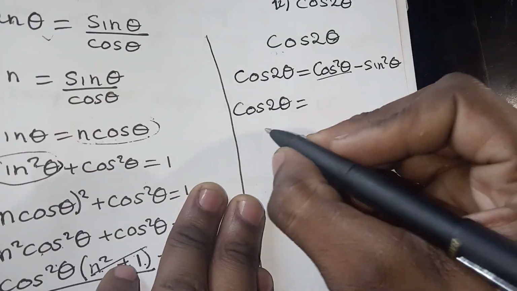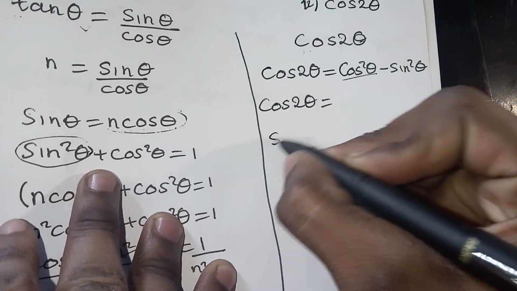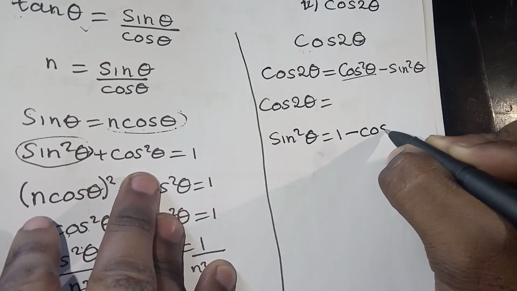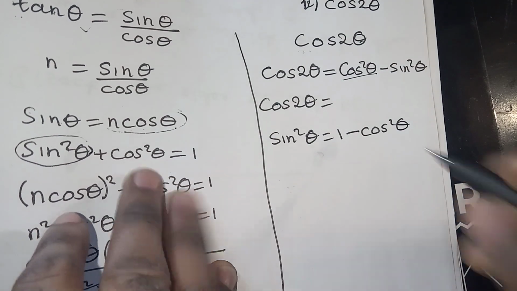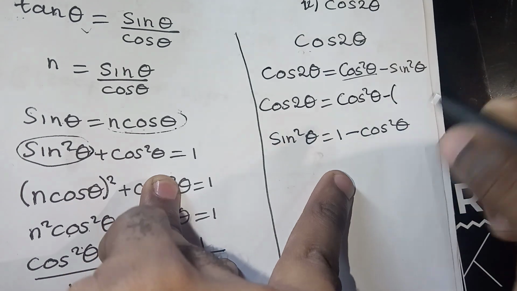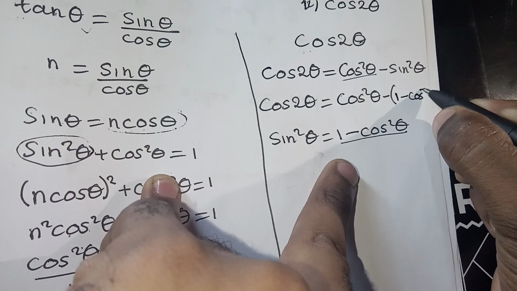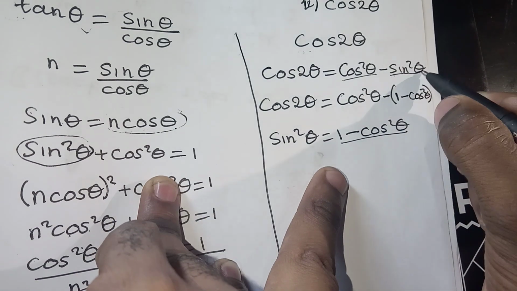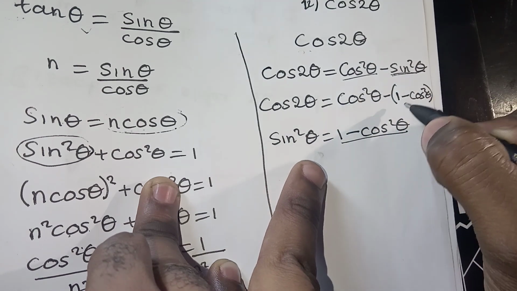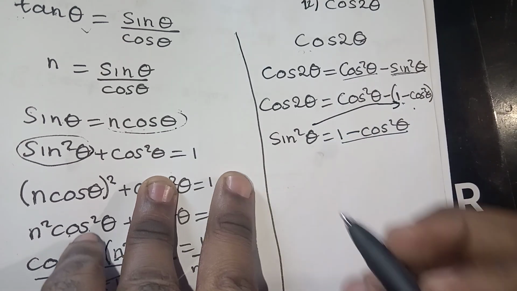So what I mean is this: when we make sine squared theta the subject, you should have 1 minus cos squared theta. Yes, so this one will be cos squared theta minus, in brackets you can put this 1 minus cos squared theta. Remember, you are just substituting this with its value, since sine squared theta is this, so this has gone there like that.